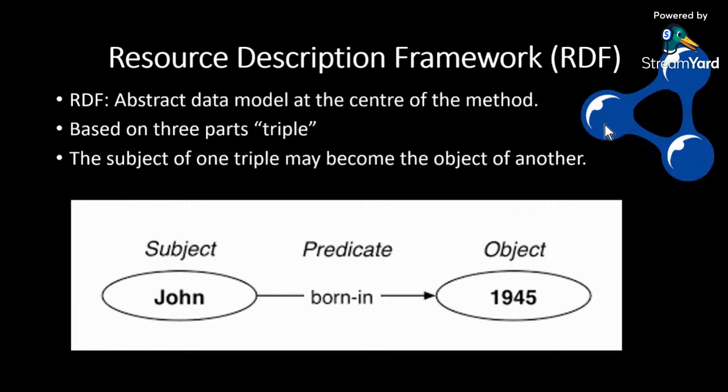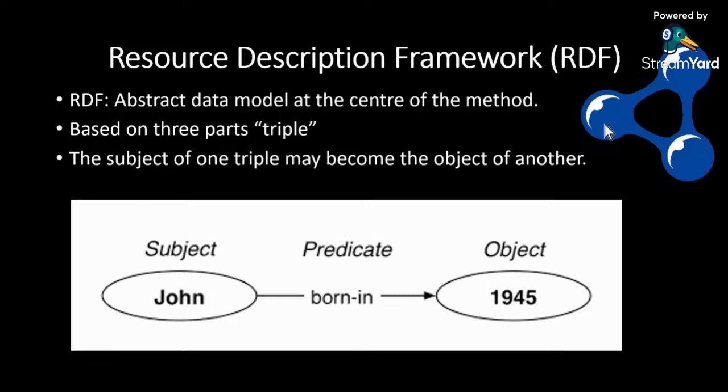And we have a really nice diagram here that explains it quite easily, where we have a subject, which is John in this case, a predicate, which is born in, and an object, 1945.